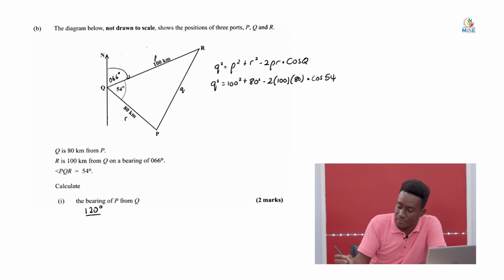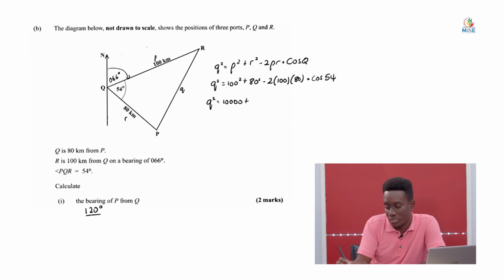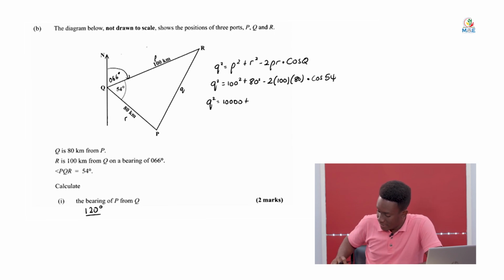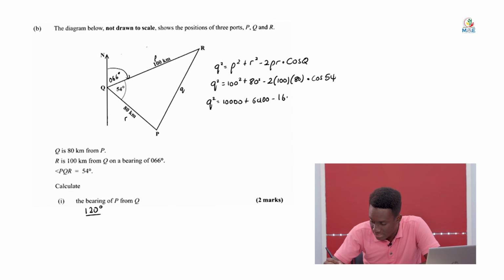So now this will be q squared is equal to, we square 100, we get 10,000 plus, when we square 80, we'll get 6,400. Subtract 2 times 100 times 80 would give me 16,000 multiplied by cos 54.